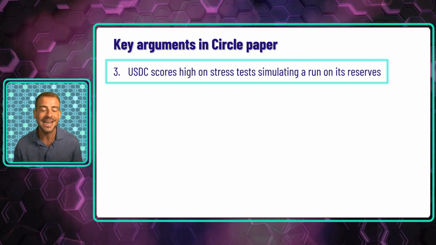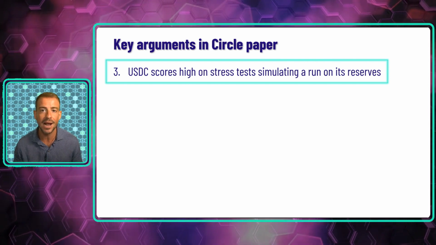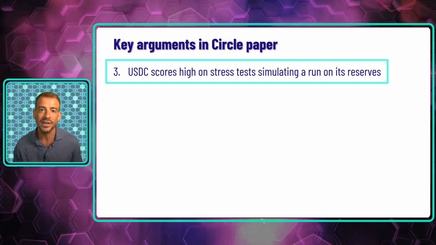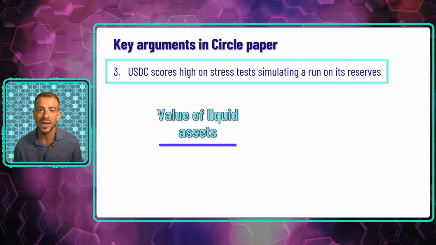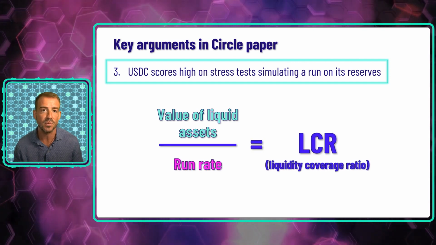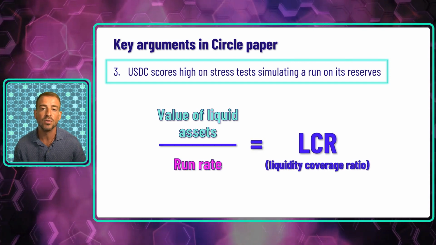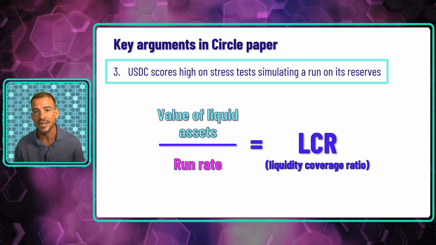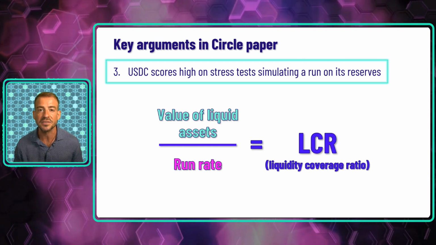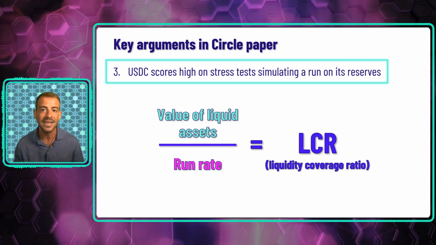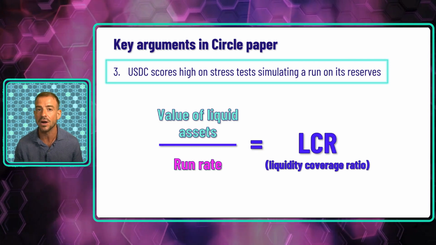And this is measured in a clear and simple way by counting the value of liquid assets in relation to a specified run rate, a total sum of withdrawal value over a 30-day period. This is reported as a ratio called the liquidity coverage ratio, or LCR.